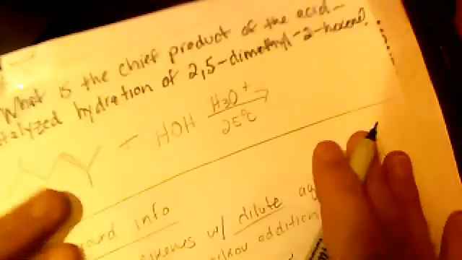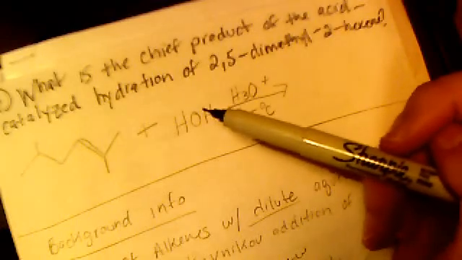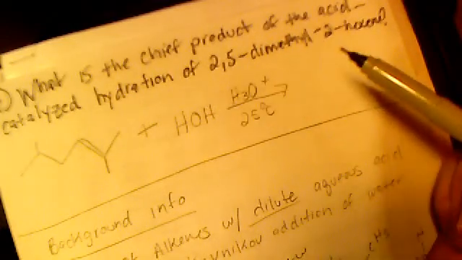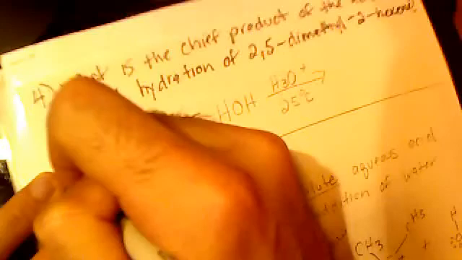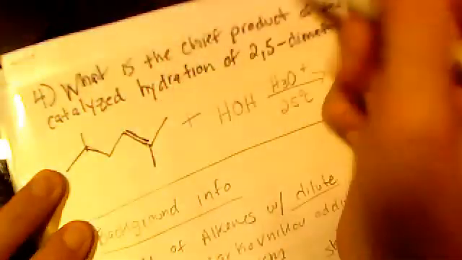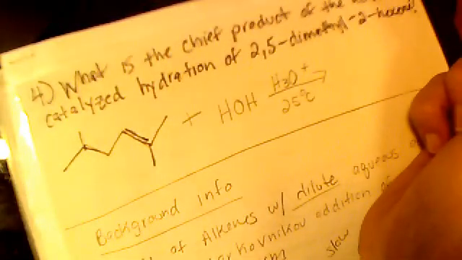Alright, so we know that it's hydration, so we're adding a water molecule, and we're using acid as a catalyst. So here's what the molecule looks like. This is 2,5-dimethyl-2-hexene.